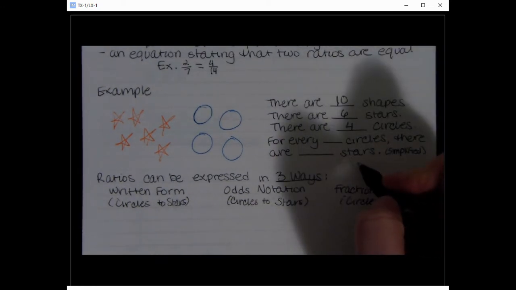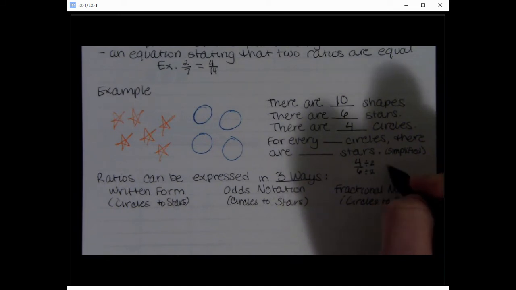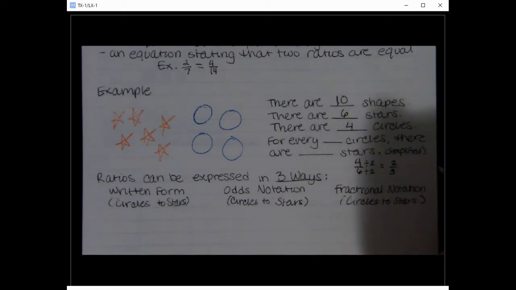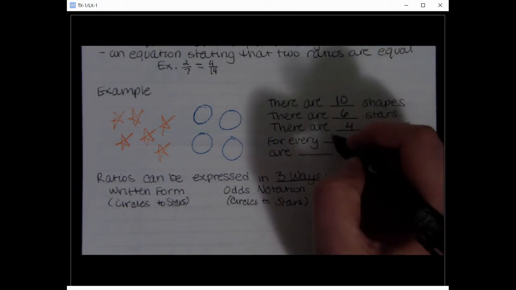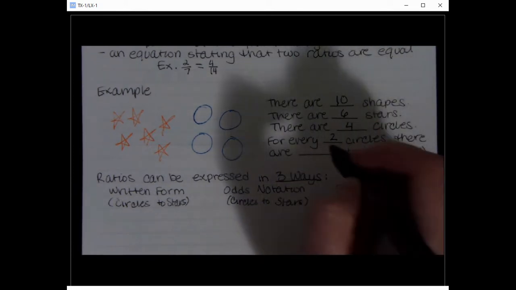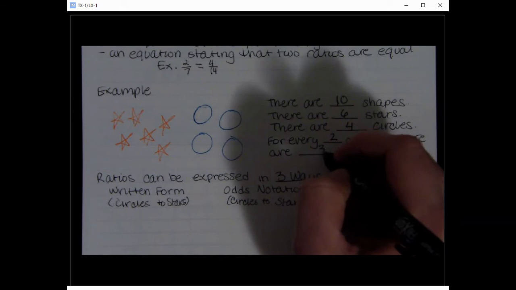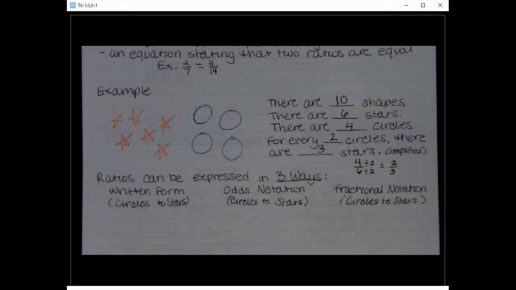So if I took my 4 and my 6 and simplified it by dividing by the greatest common factor, I would get 2 circles and 3 stars. So that's what I'm going to write down. For every 2 circles, there are 3 stars. And that's a ratio.